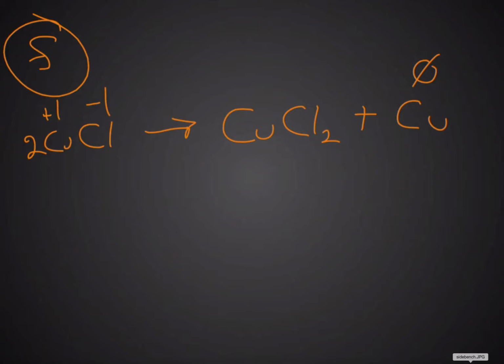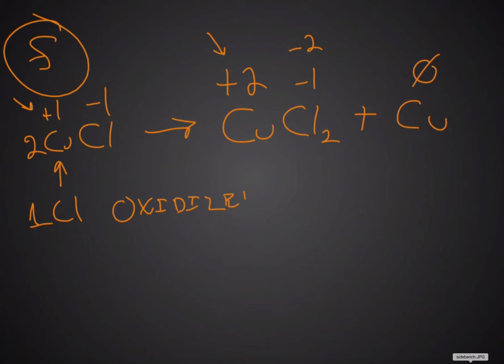Well, in this one, we still have -1, or a total of -2, for the chlorine, and then that means that the copper here has to be +2. So one of these coppers went from +1 to +2, so that one was oxidized. And the other copper went from +1 to 0, so it was reduced.